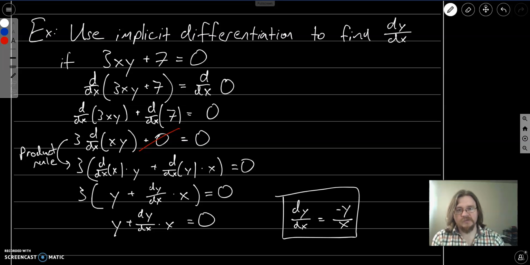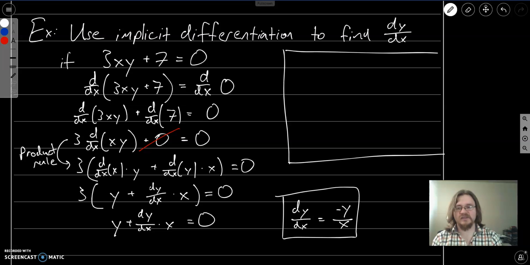Now, we did a lot of this work. I showed a lot of steps here. You wouldn't necessarily have to show this many steps. I was just going through it and being careful. There is one other way to solve this that doesn't use implicit differentiation, which I will just mention because I think the implicit differentiation actually works a little bit smoother. So here, I could just solve for y.